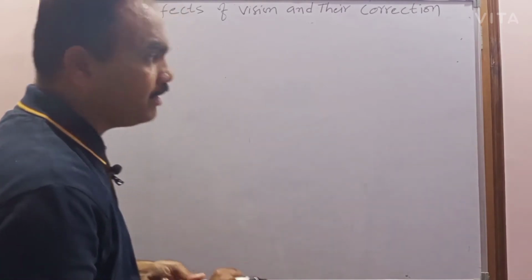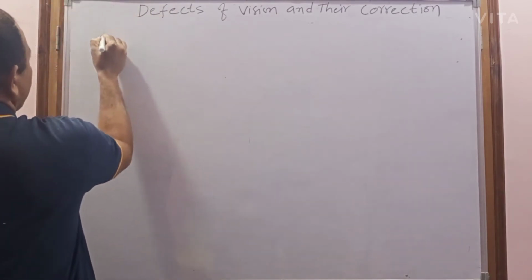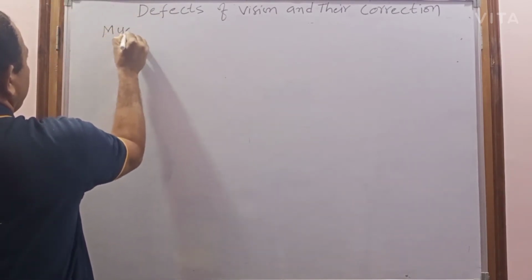So that defect of vision is called myopia. What is myopia?